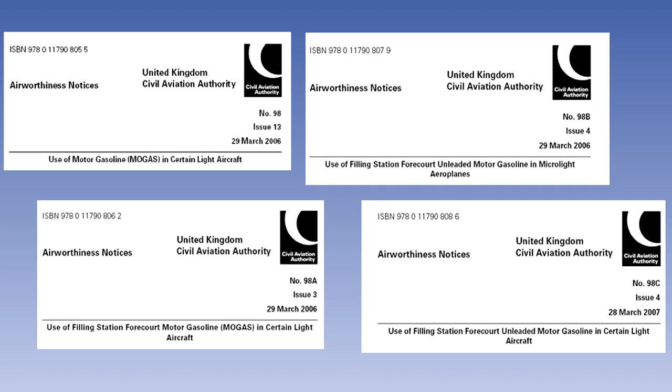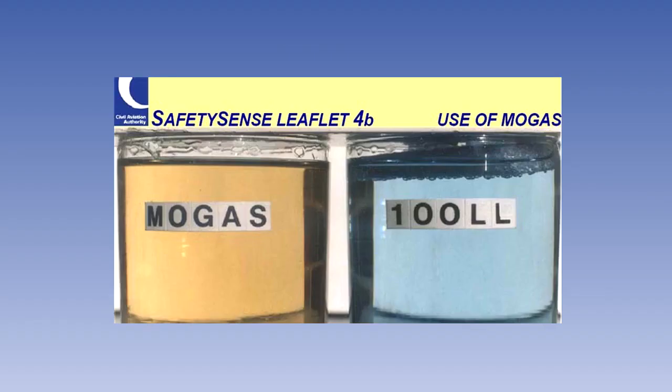Because of the higher volatility and water content of MoGas, carburetor icing and vapor locking are much more likely to occur if this fuel is used. The subjects of carburetor icing and vapor locking are covered in detail in the piston engine series of lessons. Information and advice on the use of MoGas can be found in the CAA Safety Sense Leaflet No. 4B.